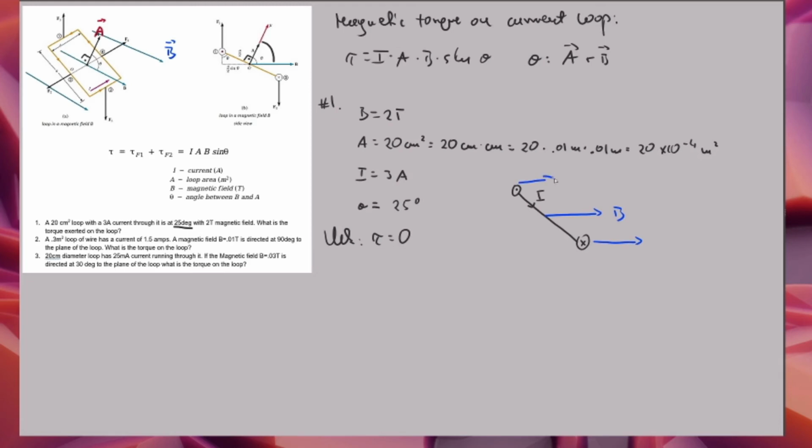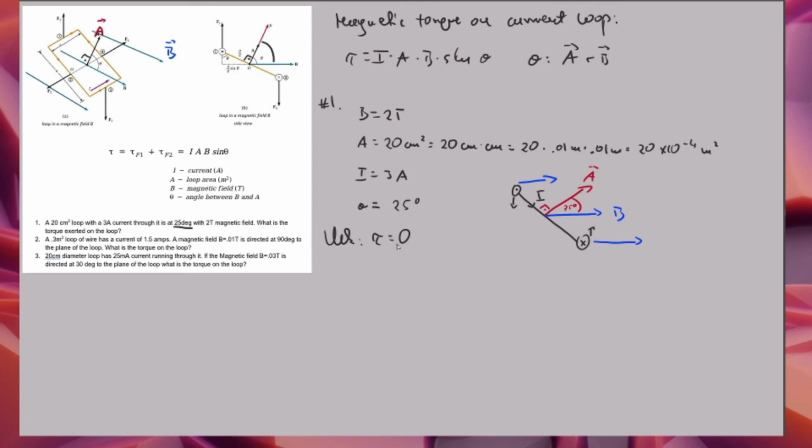And the A vector points like this. The A vector is always at 90 degrees to the loop, but the angle theta is given to me as 25 degrees. So this is the picture I have, and of course there's going to be a force acting on this thing, a force that points in this direction and a force that points in this direction, therefore this thing will rotate, and I'm going to end up with some torque.